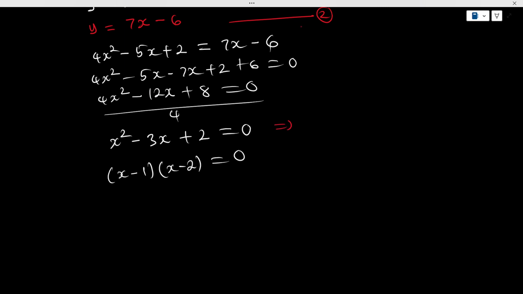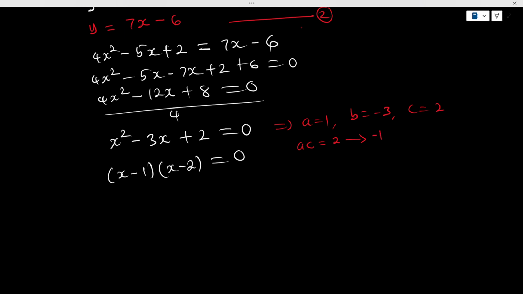What I'm saying here is that my a is 1, my b is negative 3, and c is 2. So I want the product AC, which is 2, to be split in such a way that its two factors give me negative 3.